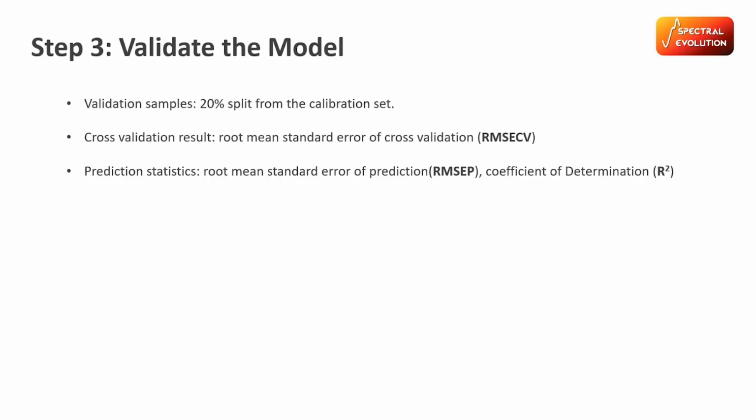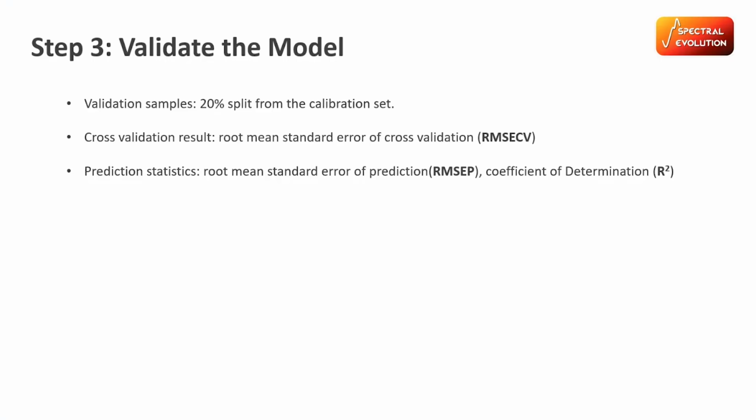During model development, we use cross-validation, which provides the root mean square error of cross-validation, or RMSECV. This tells us how stable and consistent the model is when tested internally. Then when we apply the model to the validation samples, we calculate the root mean square error of prediction and the coefficient of determination, or R squared.